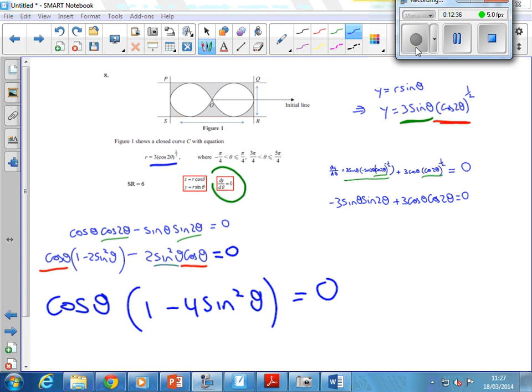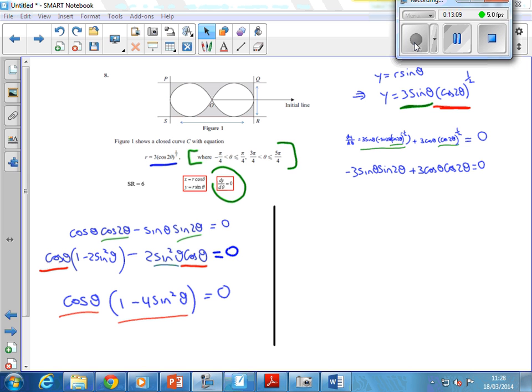Now, we have 2 things multiplied to give us 0, which means that either the first thing is equal to 0 or the second. But if cos theta equals 0, that means that theta is equal to pi by 2. But if we look at our initial constraint, pi by 2 does not satisfy the initial conditions, so we can ignore that term.